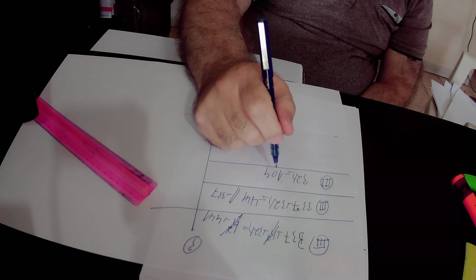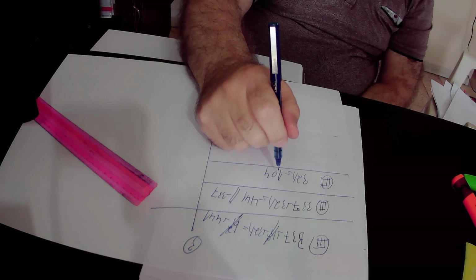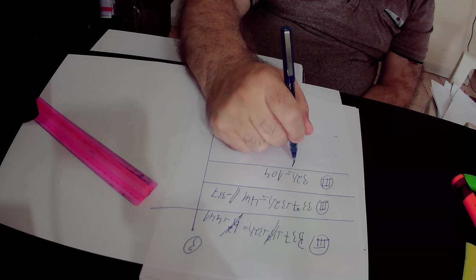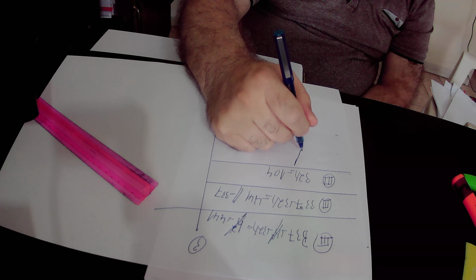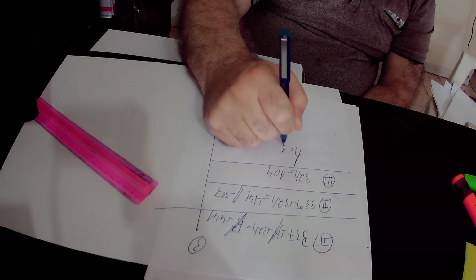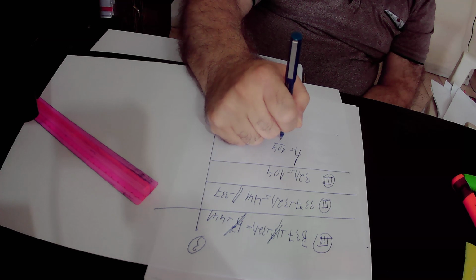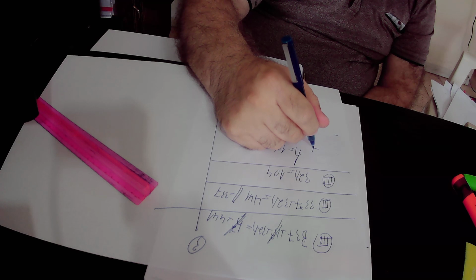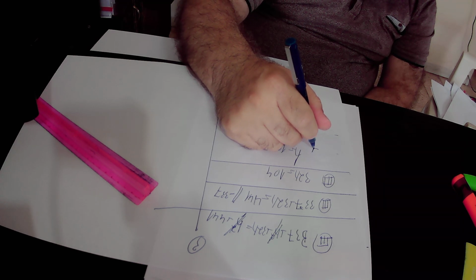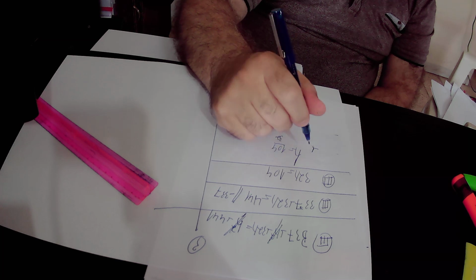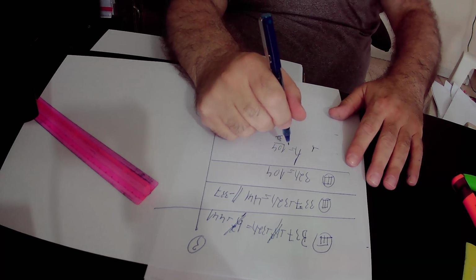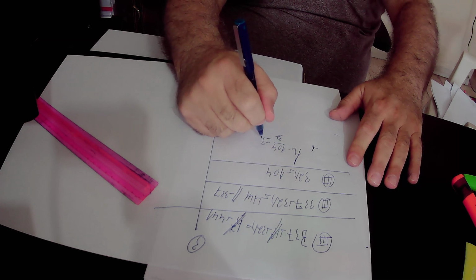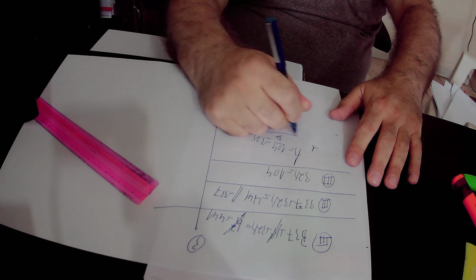So according to equation number 3, 32H equals 104. Here we divide the equation by 32 and we get that H equals 104 over 32. That is to say H equals 3.25 units.